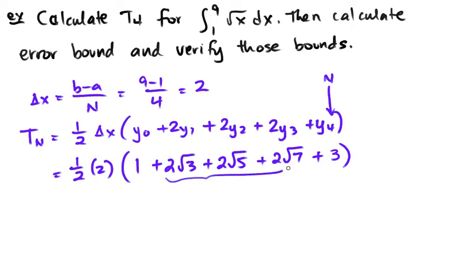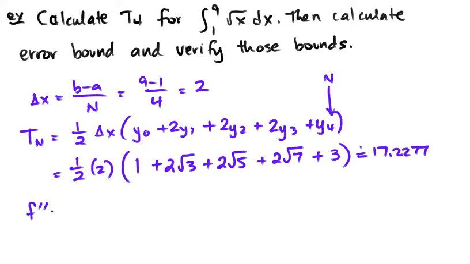So these ones in the middle all get doubled, but the ones on the ends don't get doubled, with this formula. And so that's about 17.2277 and some more decimal places. And now we can move on to the error bounds.